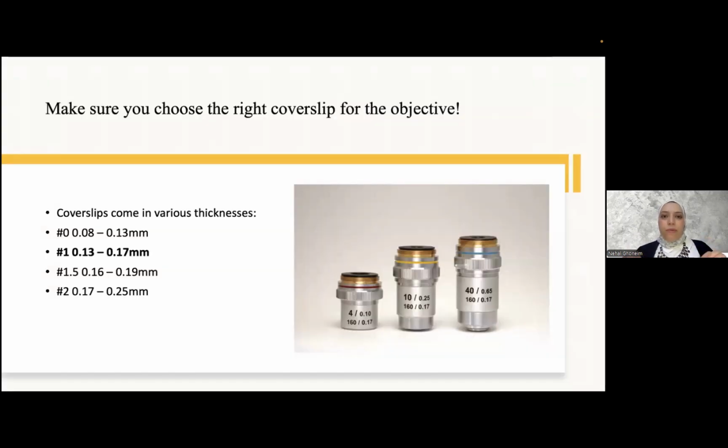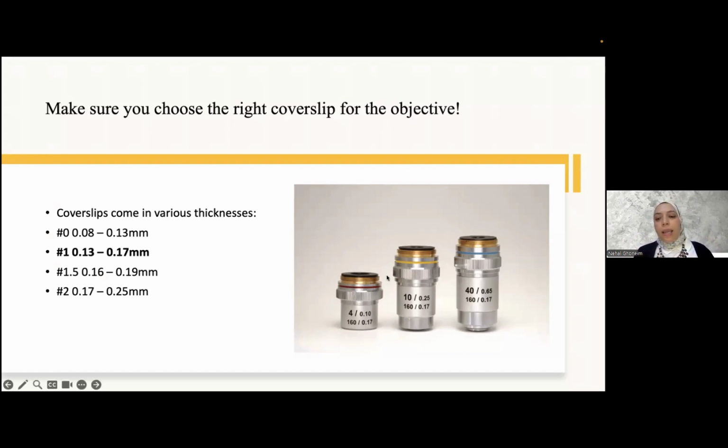Make sure, while you are using the cover slip, to choose the right cover slips for your objective and your microscope. Cover slips come in various thicknesses, like 0.08 or 0.13 to 0.17 millimeter, and so on.